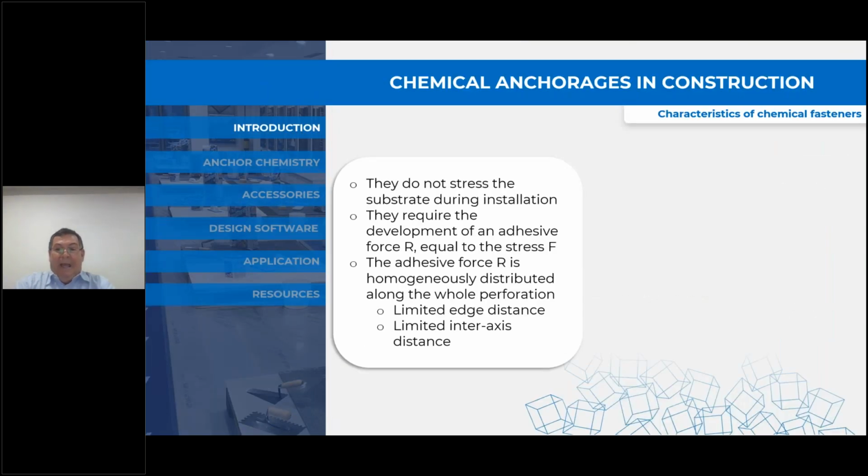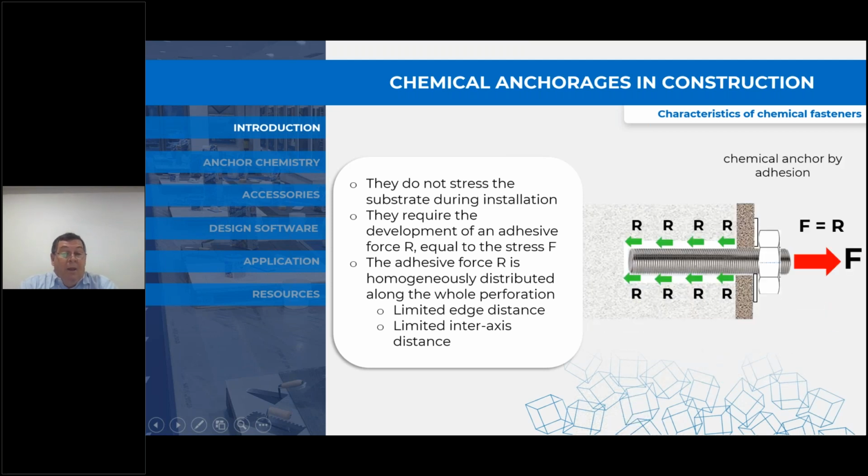When we talk about chemical anchors, they don't stress the substrate during installation. They require the development of an adhesive force, so the bond of the anchor holding it against the walls of the hole, and the adhesive force is homogeneously distributed along the whole perforation. So there's a limited edge distance, and limited inter-axis distance occurring here.